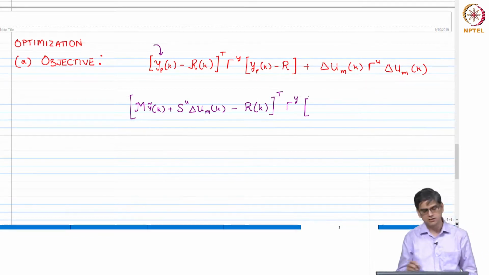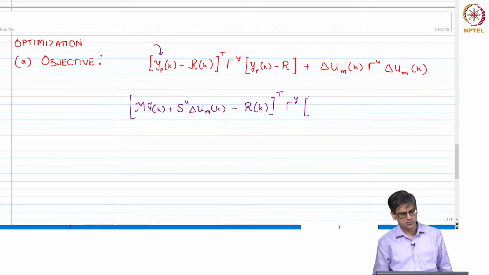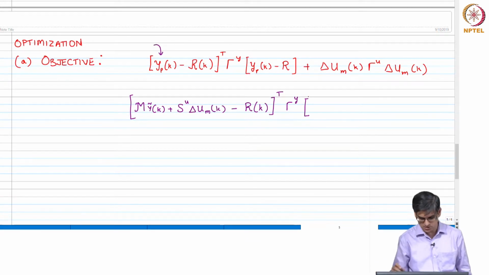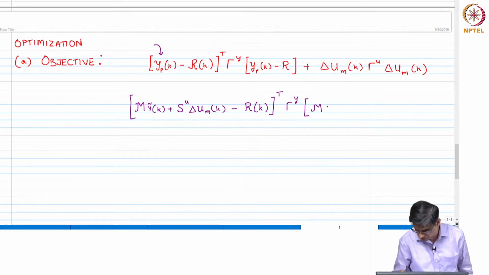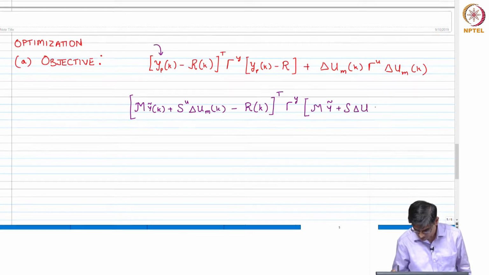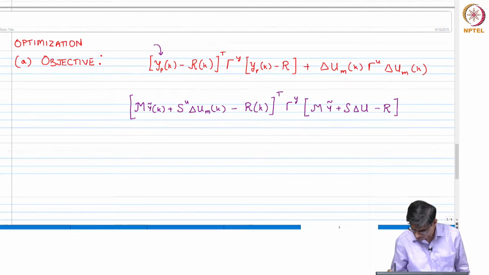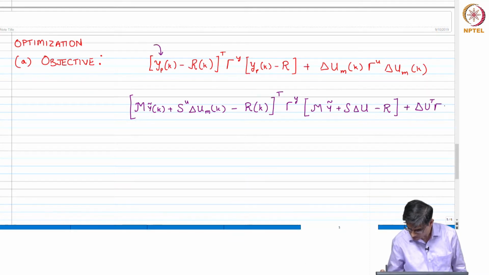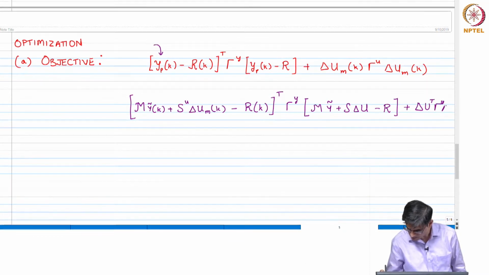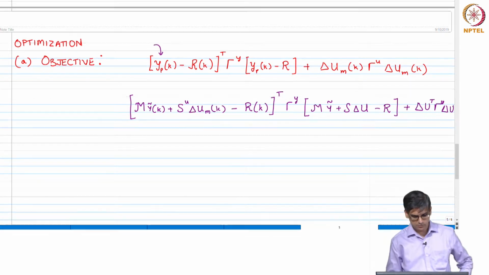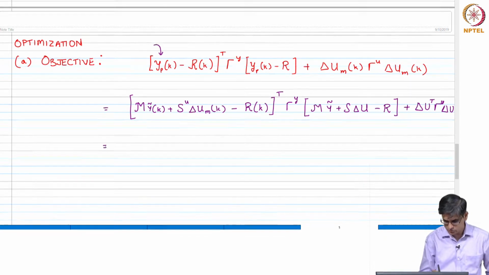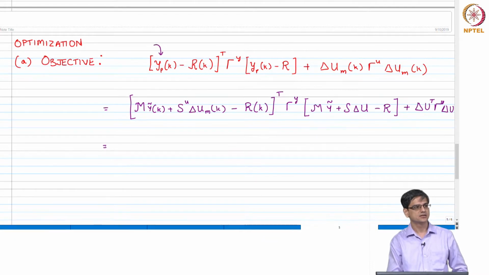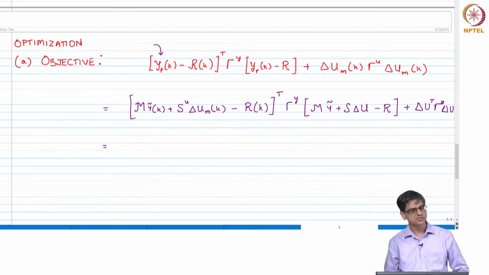Okay. For simplicity I am going to just remove those brackets and subscripts. So, we can collect the terms in delta u squared, we can collect the terms in delta u, and ignore the constant part.